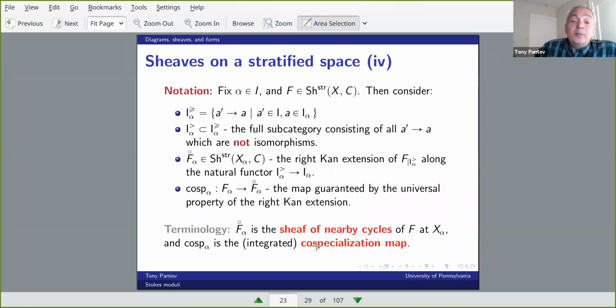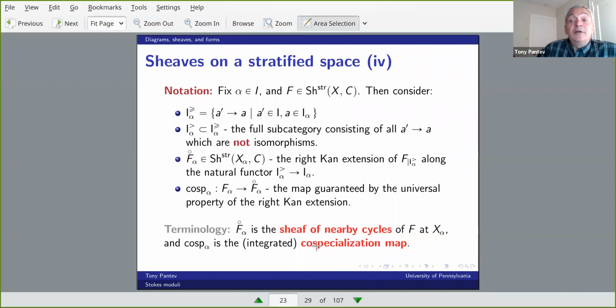And so if you fix a stratum, then you have these paths that land in the subcategory of, so it's this comma category of paths that land in the subcategory of paths emanating from the stratum. And then you have the third subcategory consisting of all guys that are not weak equivalences.